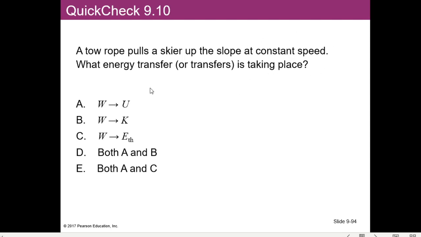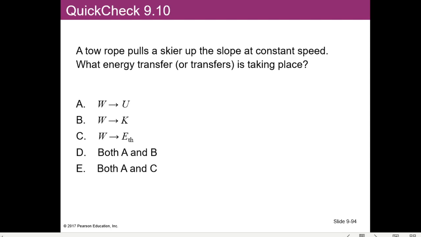On the other hand, if we're pulling the skier up the slope, we have to be giving him potential energy, because he's going from a lower gravitational potential to a higher gravitational potential. So we must be exerting a tension force on him, which does work and gives him gravitational potential energy.